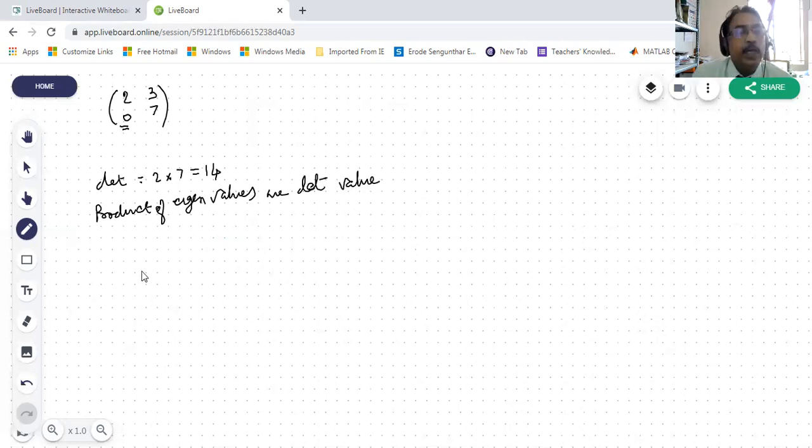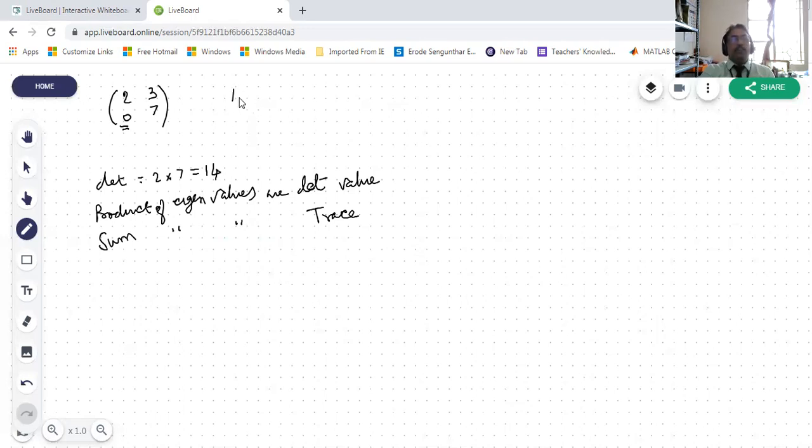Sum of the eigenvalues is the trace. You have to add the diagonal.